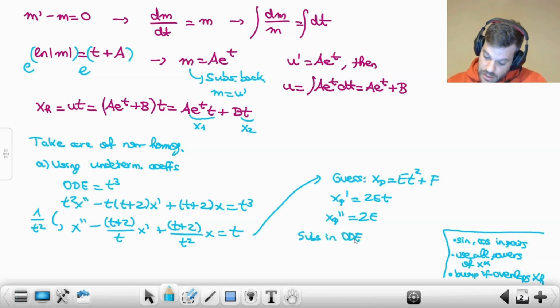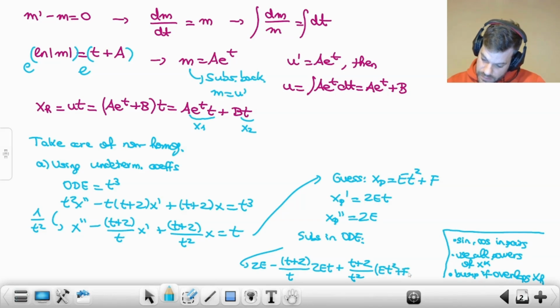Substitute in the ODE, so we have x double prime, which is 2e, minus (t plus 2) divided by t times x prime, 2et, plus (t plus 2) divided by t squared times x, e t squared plus f, equals t. Okay, so far so good.